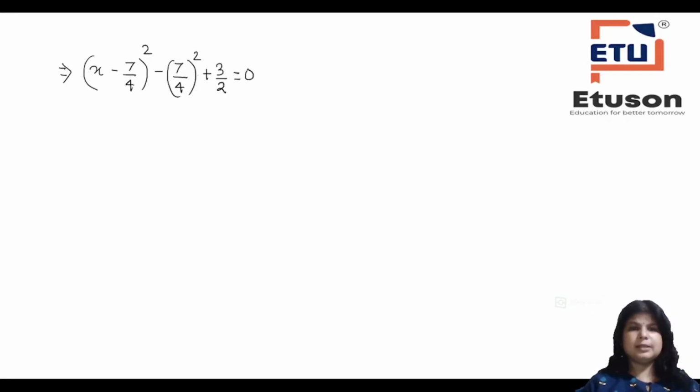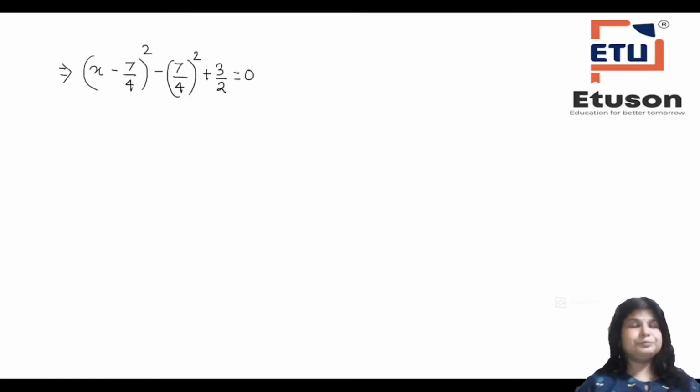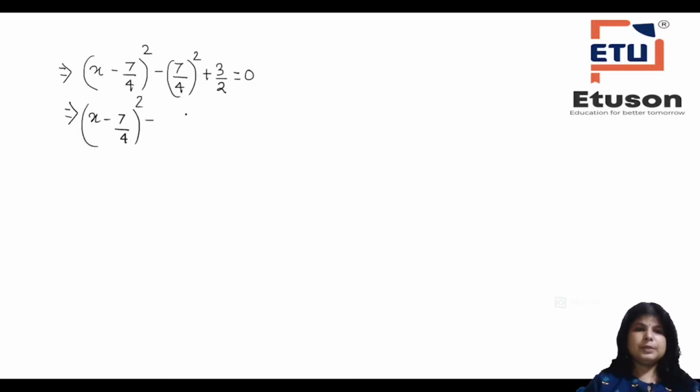So let us write it as it is. Let us check whether we have done it correct or not. Yes. So now let us solve it. You'll have x minus 7 by 4 whole square, minus 49 divided by 16 plus 3 by 2 is equal to 0. Correct or not?